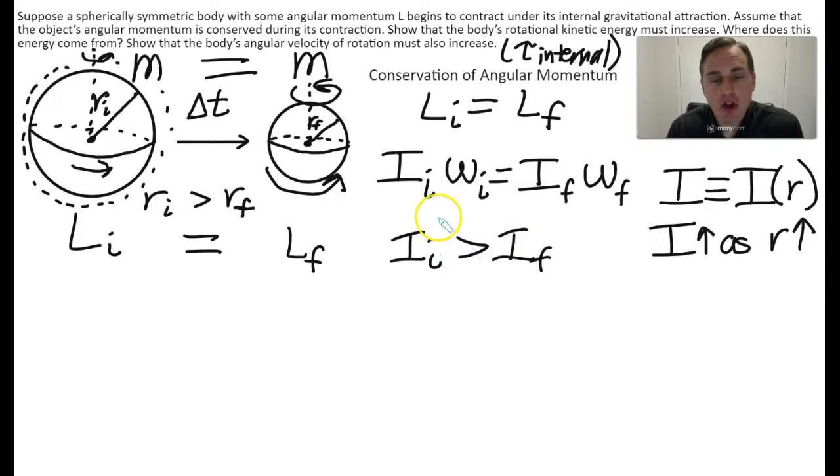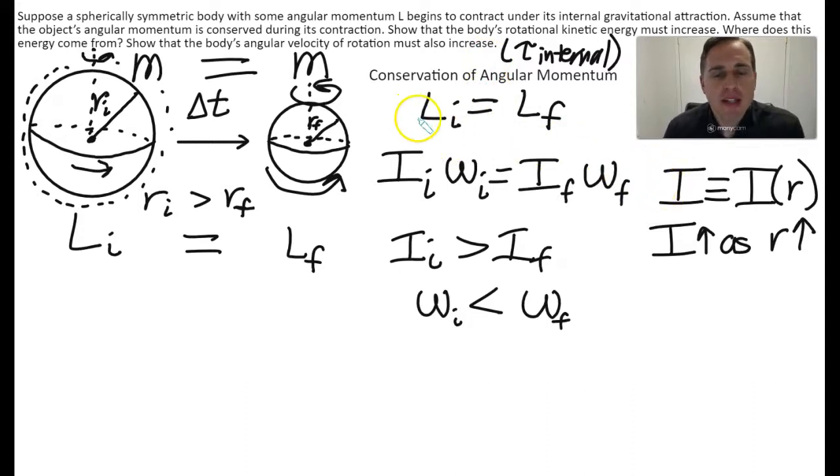And as a result, for this equality to be obeyed, the angular velocity final has to be larger than the angular velocity initial. So that's one proof that we have that the angular velocity of rotation must increase.